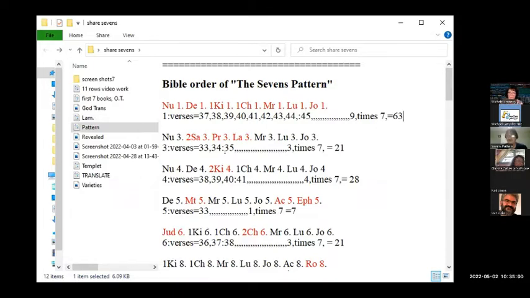Did you look for patterns with 8 or 9 or 10? No, I stuck to 7 because I was deep into the 7 spirits of God and the 7s throughout the Bible. It's so vast that I just concentrated my mind on that.